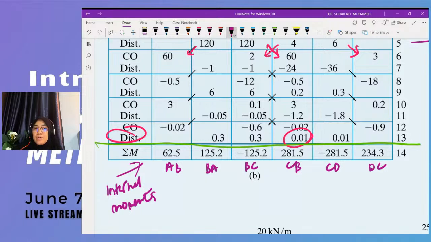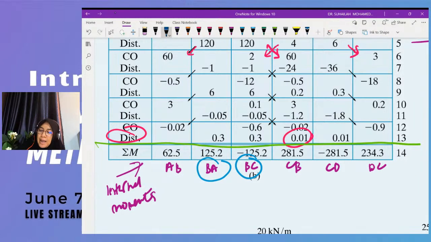Don't forget these two values. We will get the opposite, because B is a roller. So when we combine back, the moment should be 0.